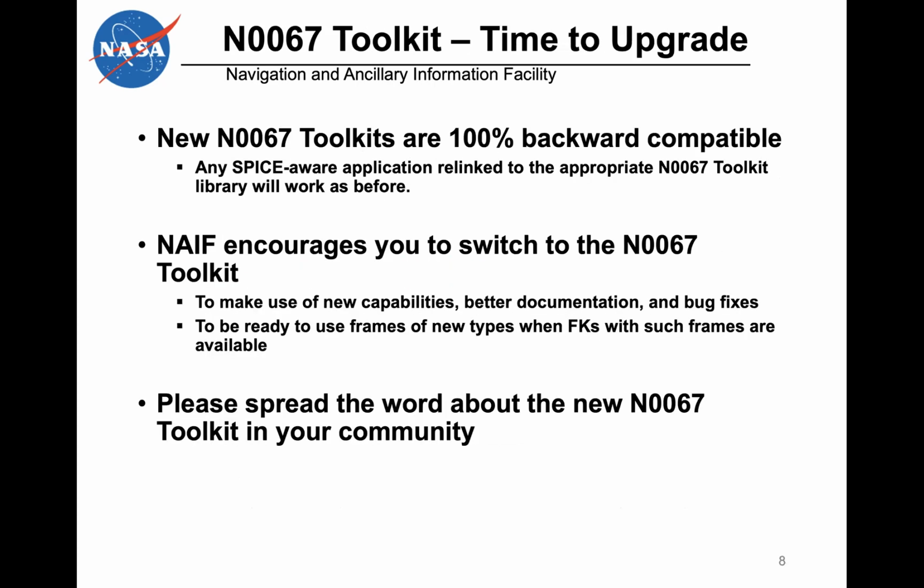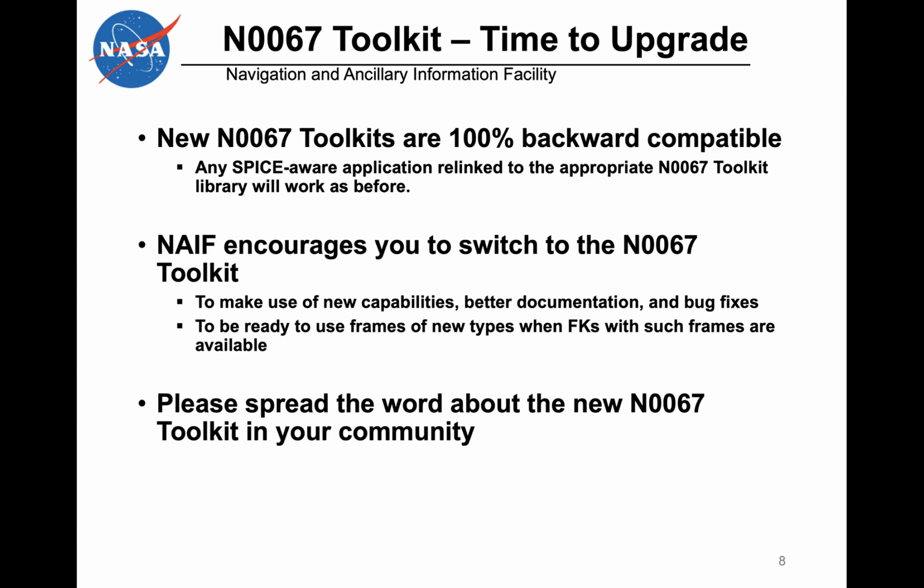So it's time to upgrade because the N67 is 100% backward compatible. Any SPICE-aware application relinked to the appropriate N67 Toolkit library will work as before. Of course, there could always be a compiler compatibility issue that would require you to rebuild the toolkit.